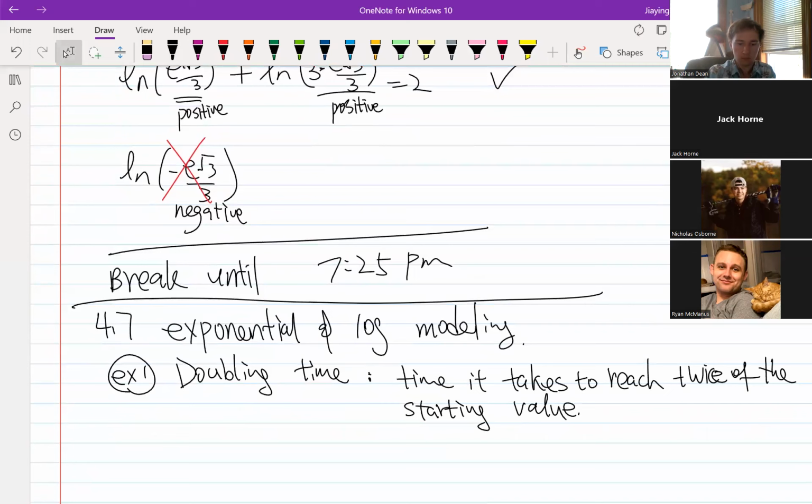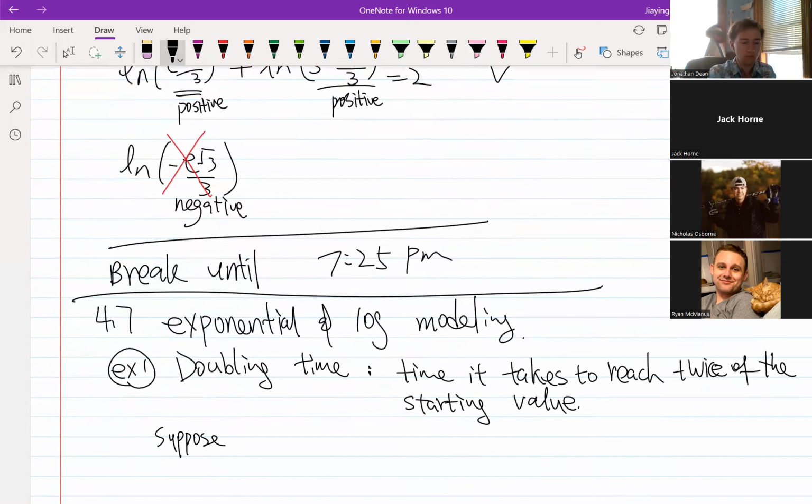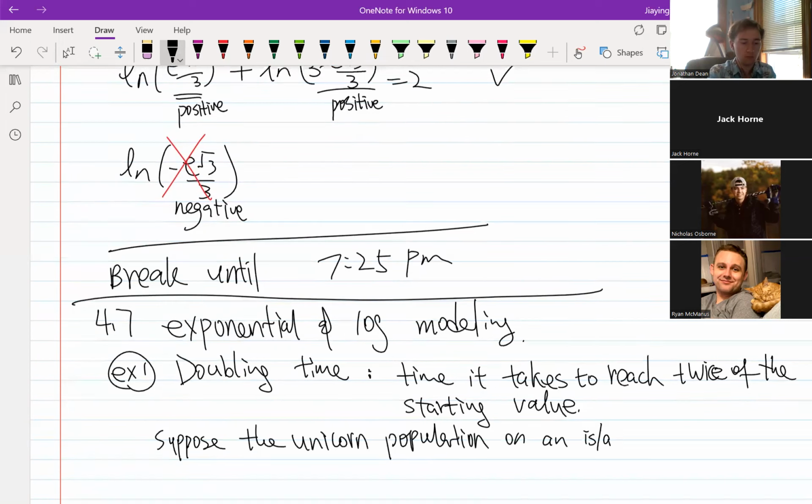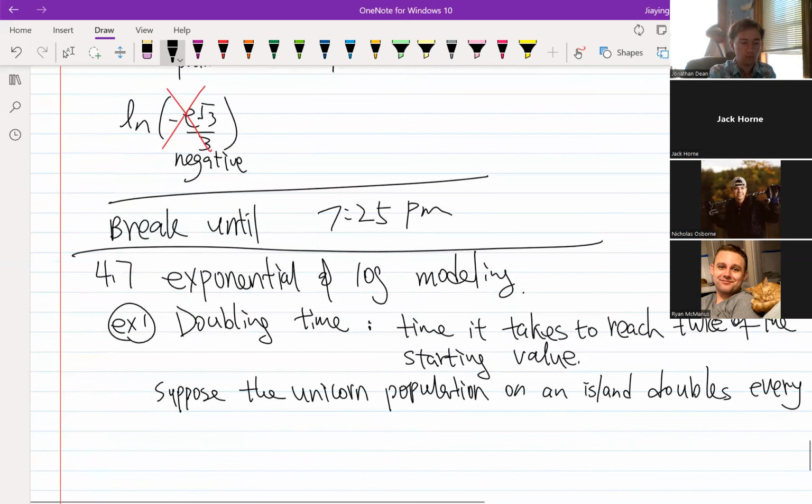So the question: suppose the unicorn population in Ireland doubles every 10 years.